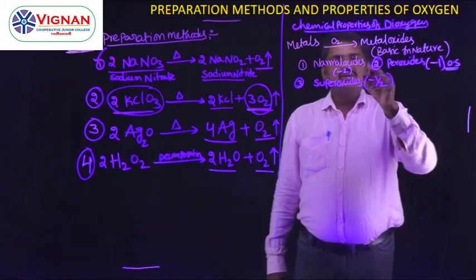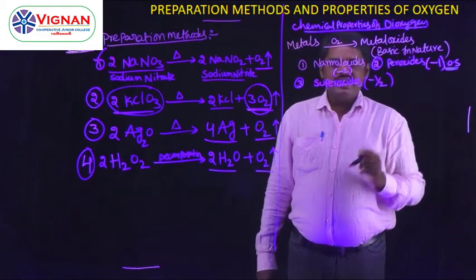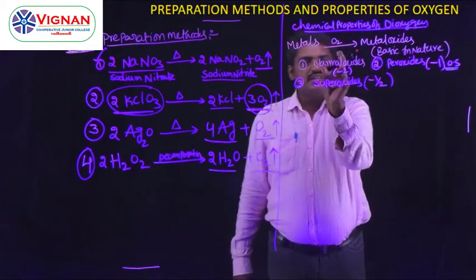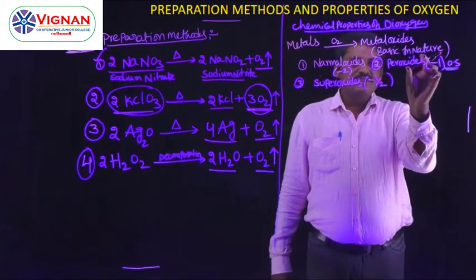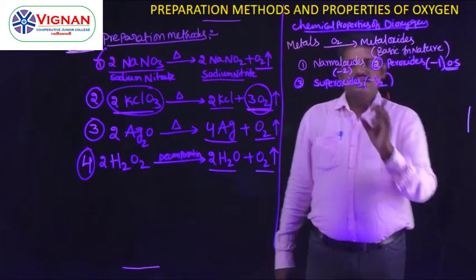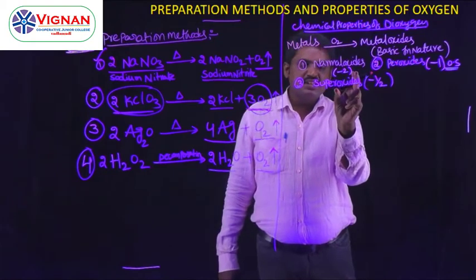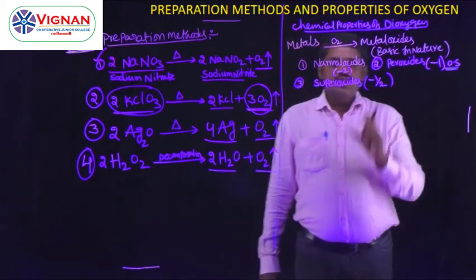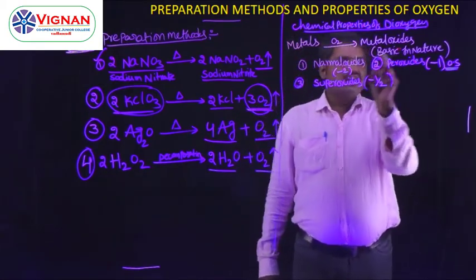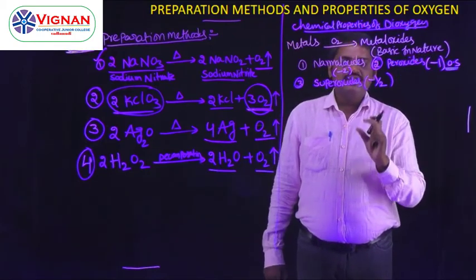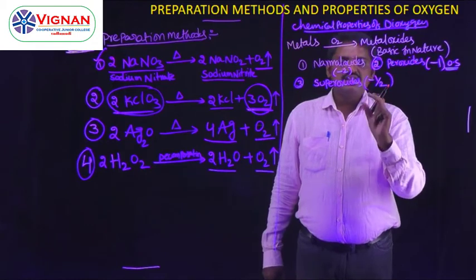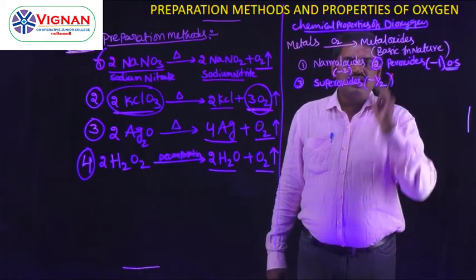Okay, so these are all metal oxides, but some metal oxides exist as normal oxides, some in the form of peroxides, and some in the form of superoxides. What is the difference between normal oxides, peroxides and superoxides? The only difference is the oxidation state of the oxygen atom.